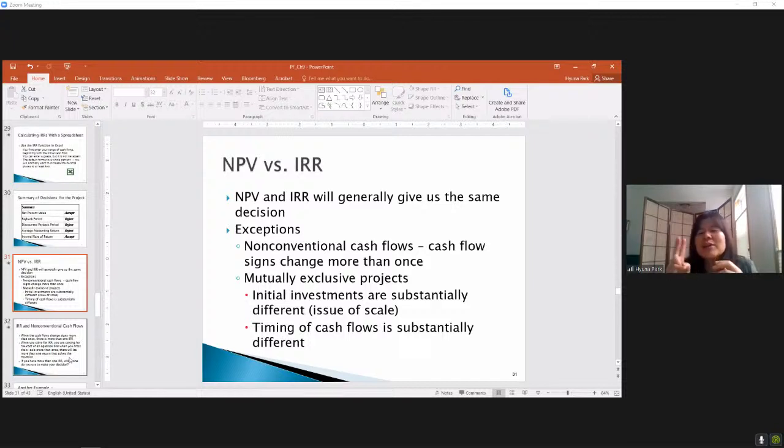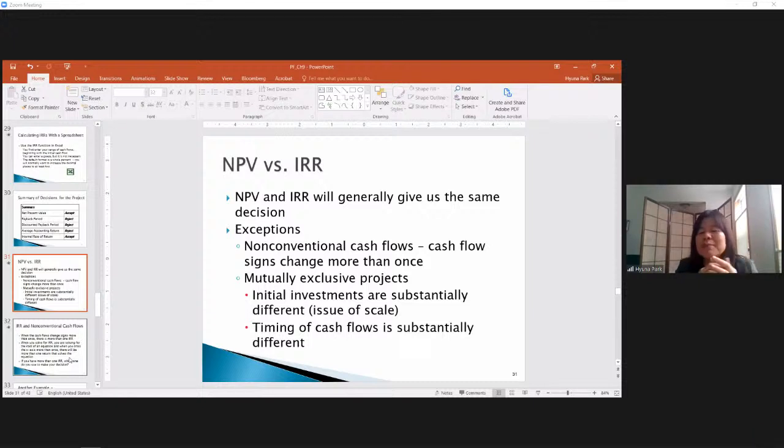But there are 2 very important exceptions. The first exception is when we are evaluating a project that has unconventional cash flows; then using IRR will be problematic.